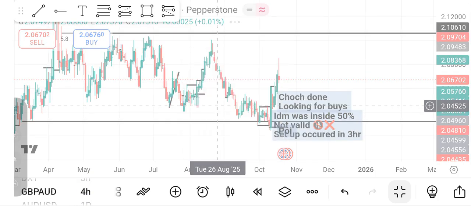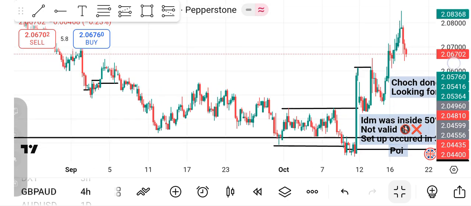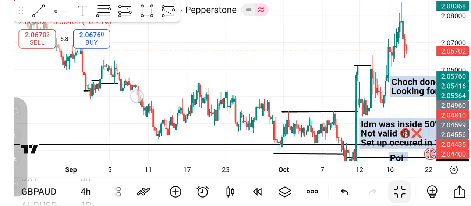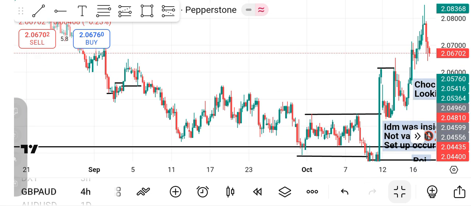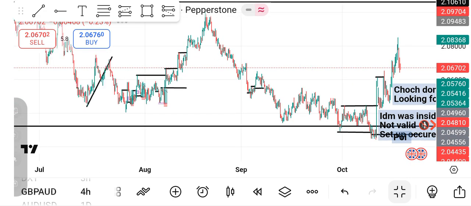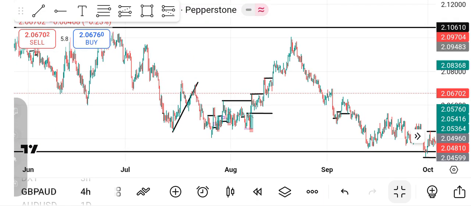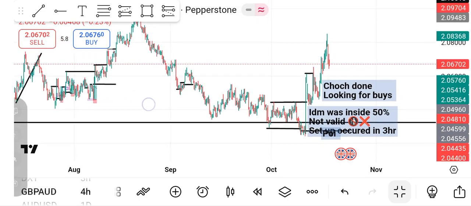I'll go to 4 hour time frame, right? And of course, my liquidity here has formed, and the price has taken it. If you look very well, you can see that I started buying from here, right? So price gave me a very good liquidity around here at 4 hour time frame right before I started to buy here.